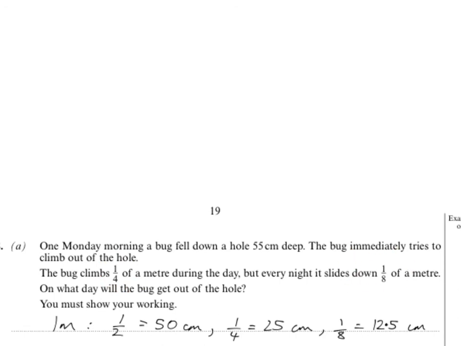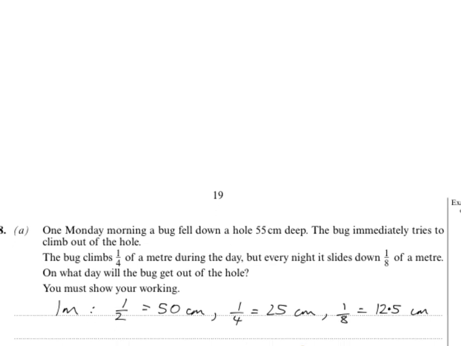It slides down 1/8 of a meter. So the first thing I've done is to convert those into centimeters. We know a half of a meter is 50 centimeters. To get to a quarter, we just halve it again to give us 25 centimeters. And then 1/8 is a half of 1/4, so that's 12.5 centimeters.